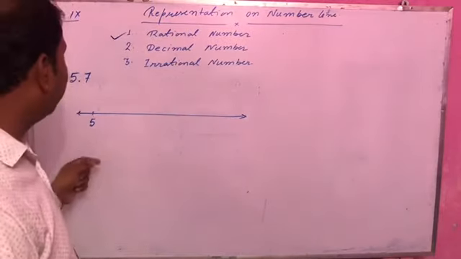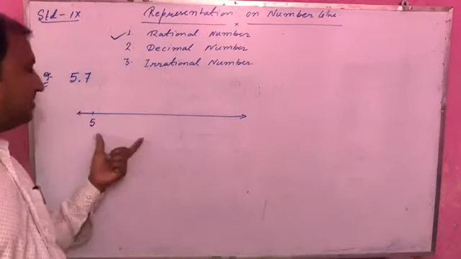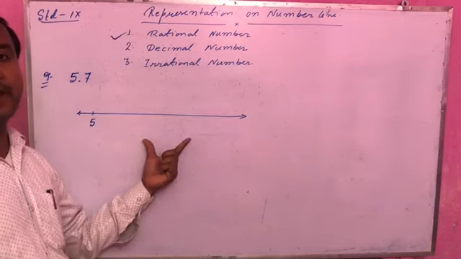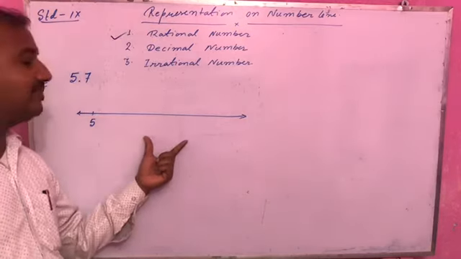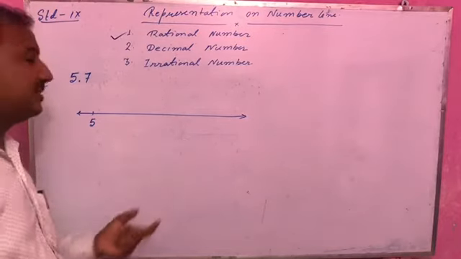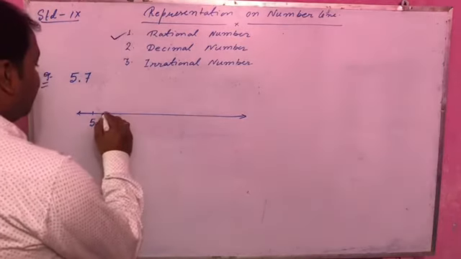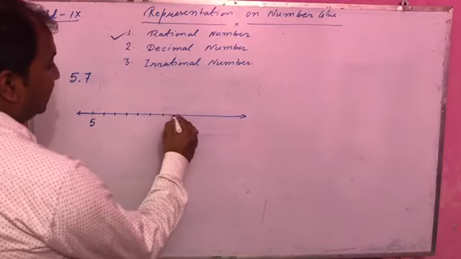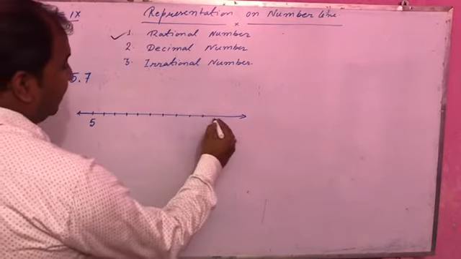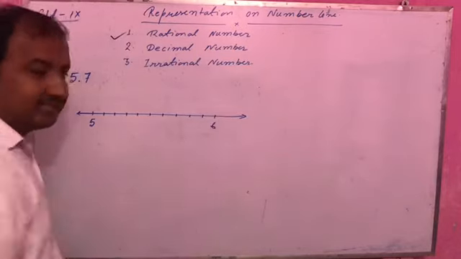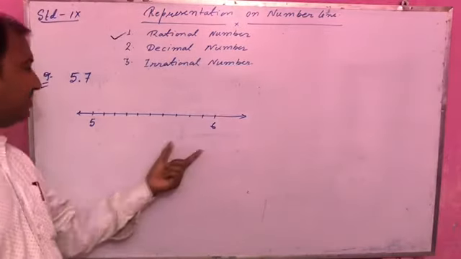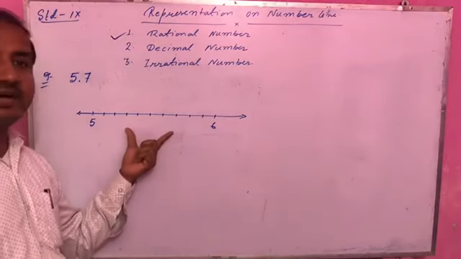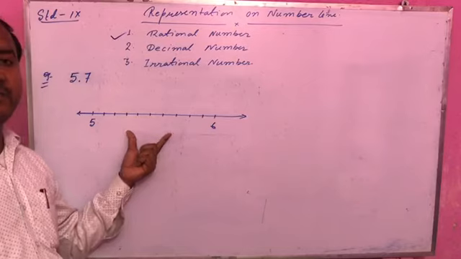Similar, we will proceed. Means the distance between 5 and 6 will be divided in 10 equal parts. 10 equal parts means we will have to draw 9 lines. Draw over here. 1, 2, 3, 4, 5, 6, 7, 8, 9. And this will be 6. Now I have divided the distance between 5 and 6 in 10 equal parts.